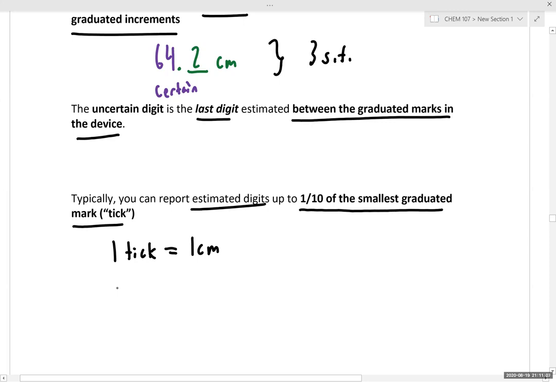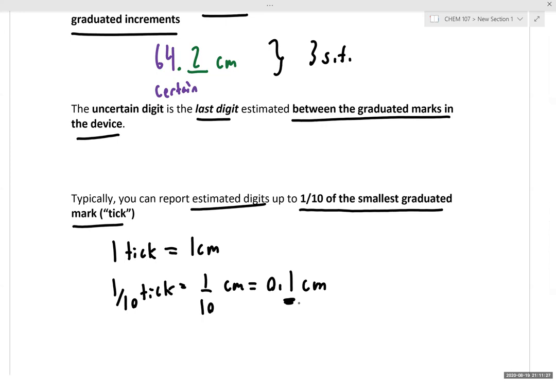For our estimated digit, you can report up to 1/10 of a tick, which is equivalent to 1/10 centimeter, or 0.1 centimeters. So we can report up to the 10th place. As we notice, we reported our estimated digit up to the 10th place. Does this make sense to everyone? Any questions so far?